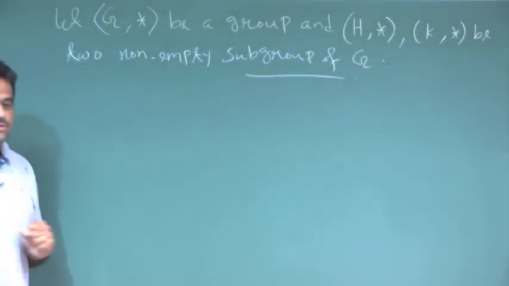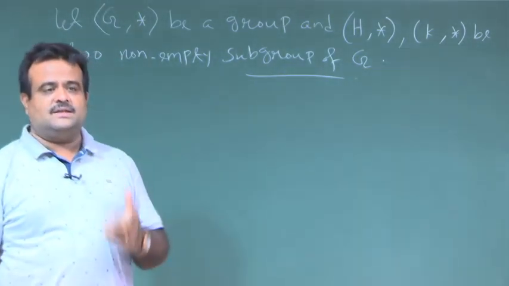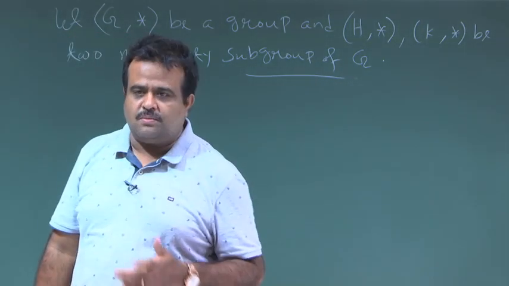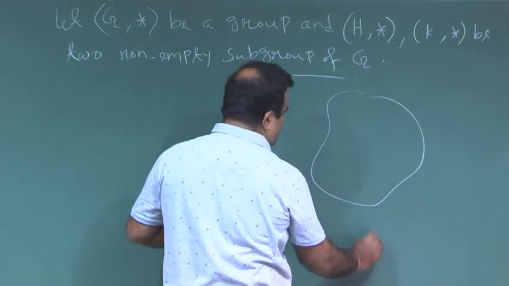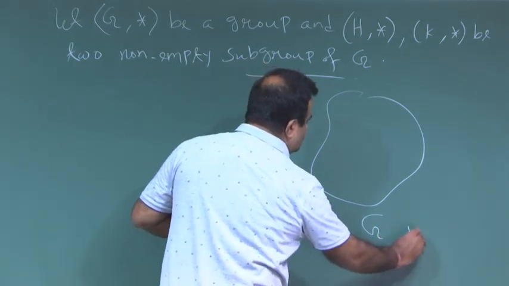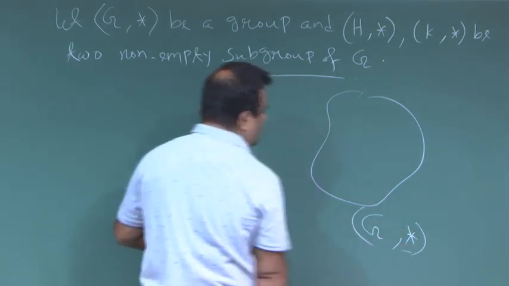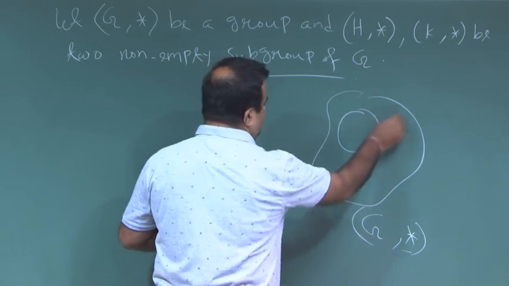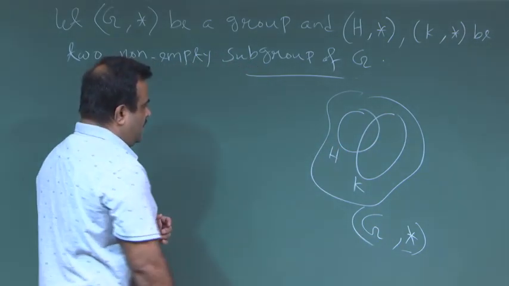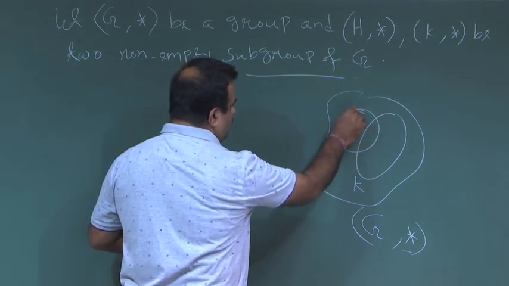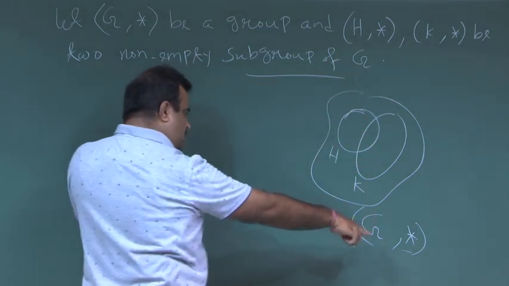We want to know whether their intersection is again a subgroup or not, whether their union is a subgroup, and their product, these two sets. So, G is a set which is a group under this operator, and we have two subsets H and K, where H and K are both subgroups under this induced operator.